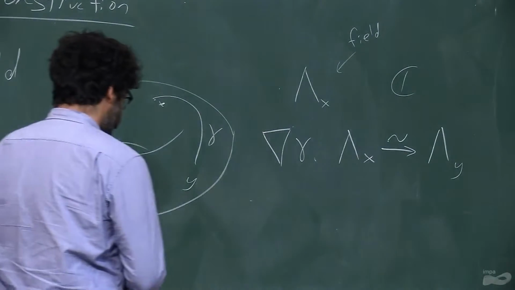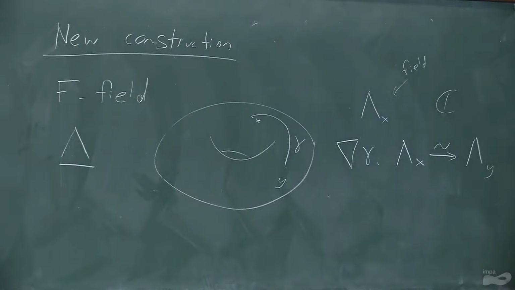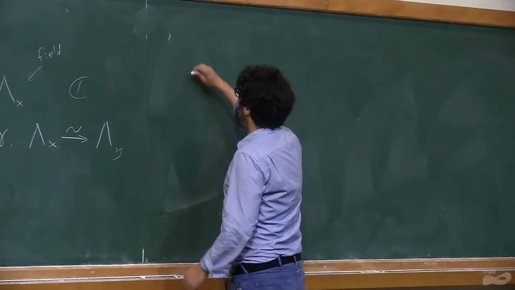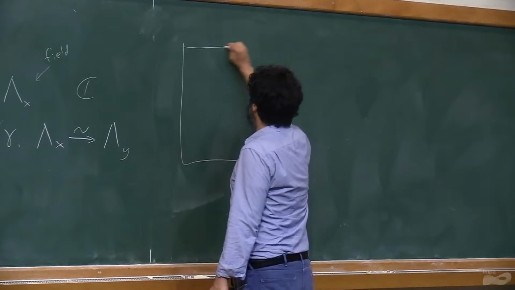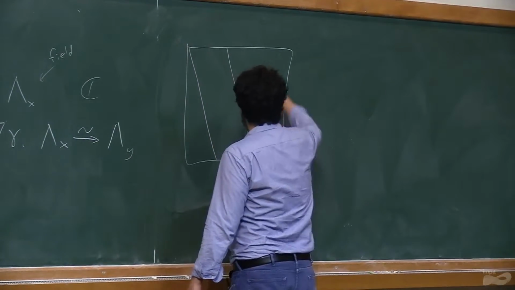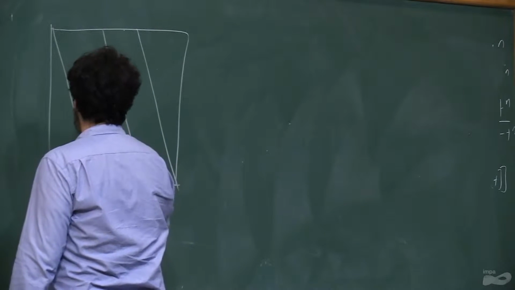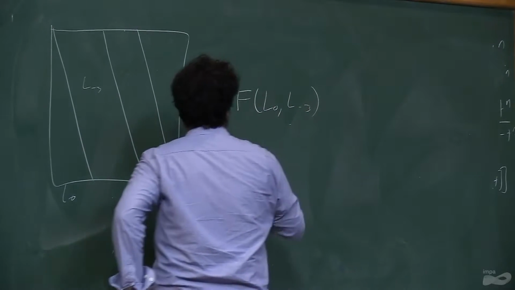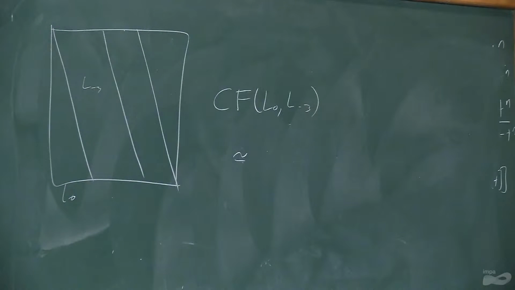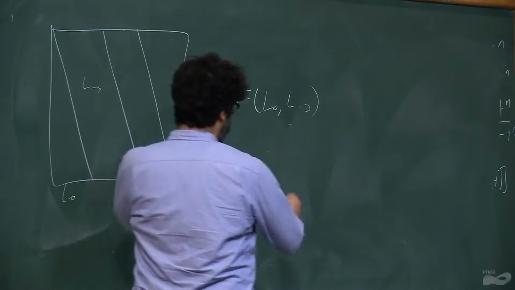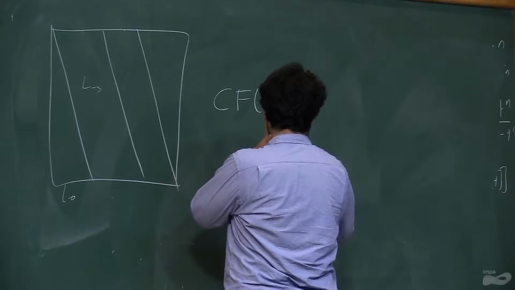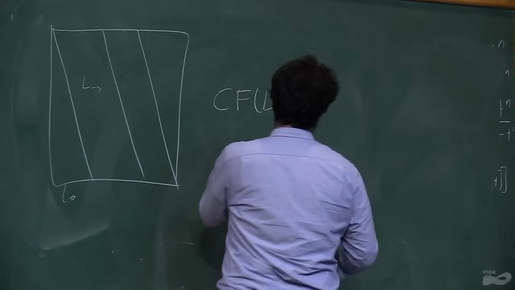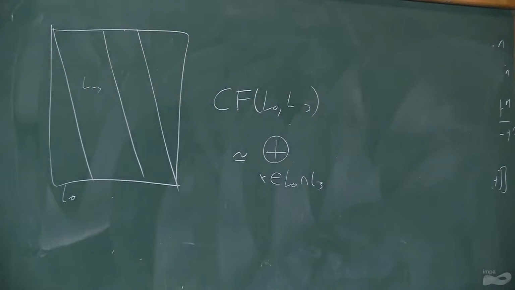And the idea now is to use this as a coefficient in Floer theory. Okay. So here is my torus, and here is maybe some Lagrangian. Okay, so L minus 3, L naught. So CF L naught, L minus 3. By definition, it's again indexed by some x in L naught intersection L3, so intersection points.